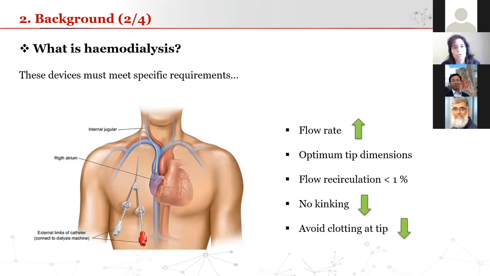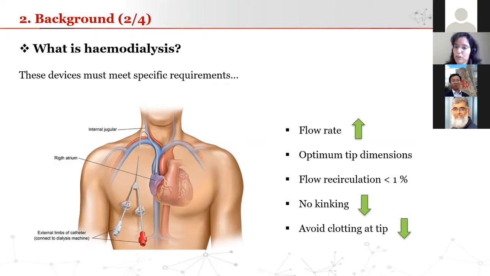The problem here is that these devices must meet a lot of requirements, and sometimes they are not all met. One of them, for example, is that they need to have a very optimal flow rate so that a large amount of filtered blood goes back into the heart, and a large amount of unfiltered blood is retrieved away from the heart.